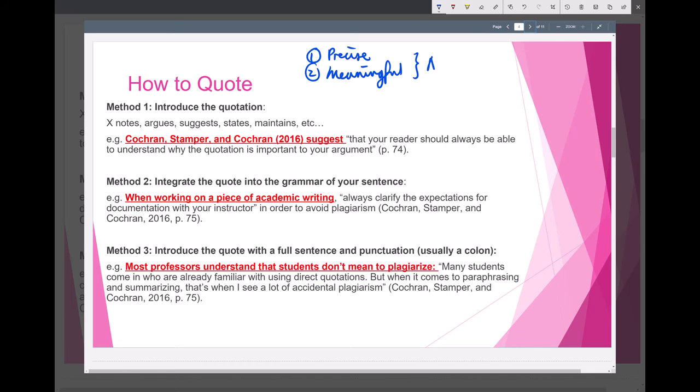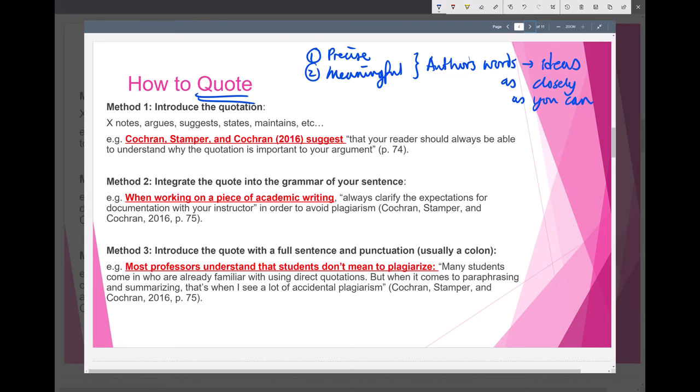Precise and meaningful authors' words that represent their ideas as closely as you can. And the closest way you can do that is to quote them.